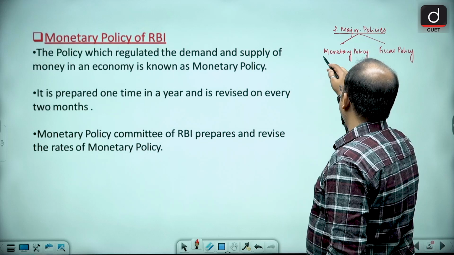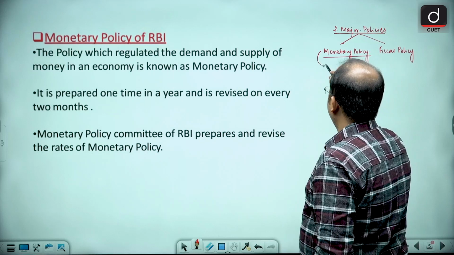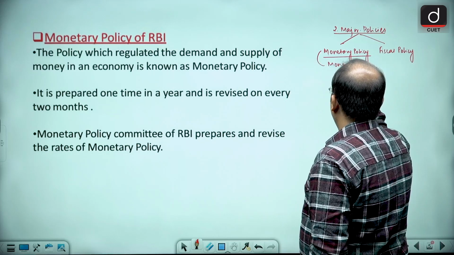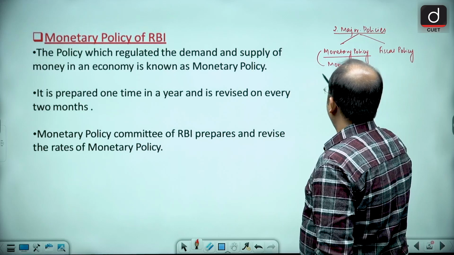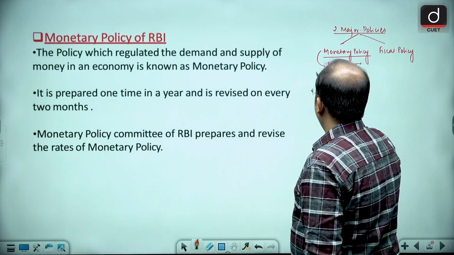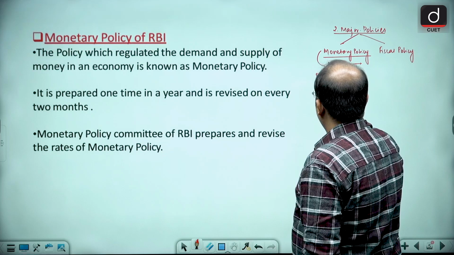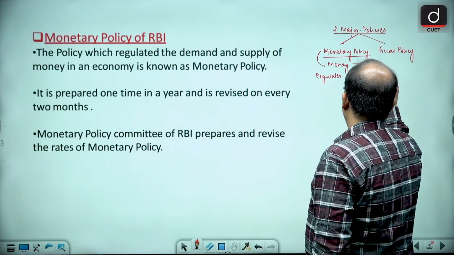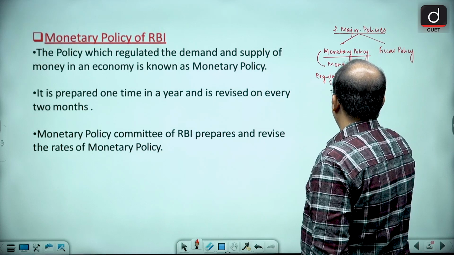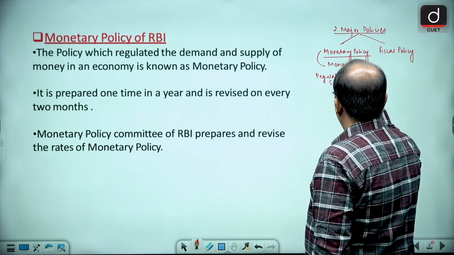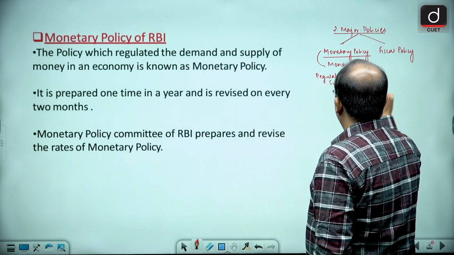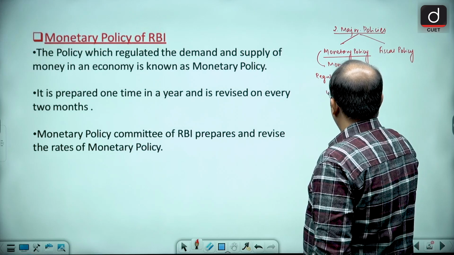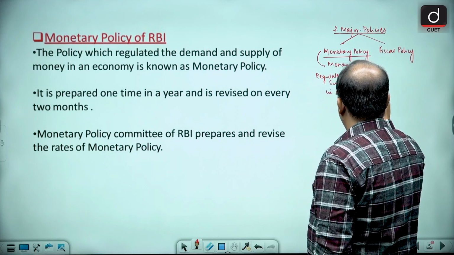Monetary policy is always derived from the word money. So what type of policy is it?